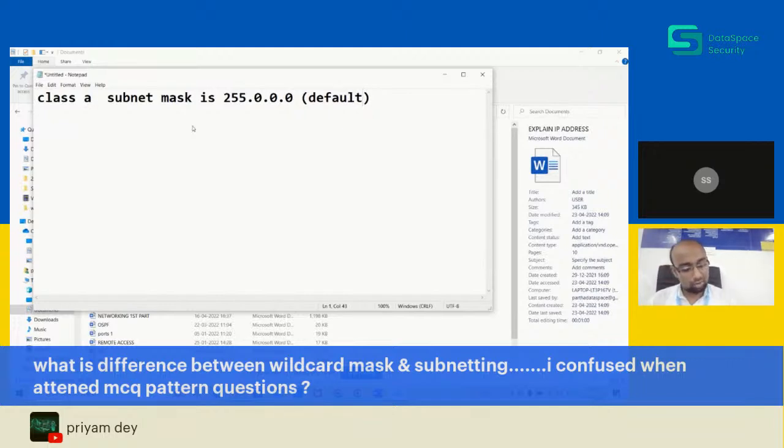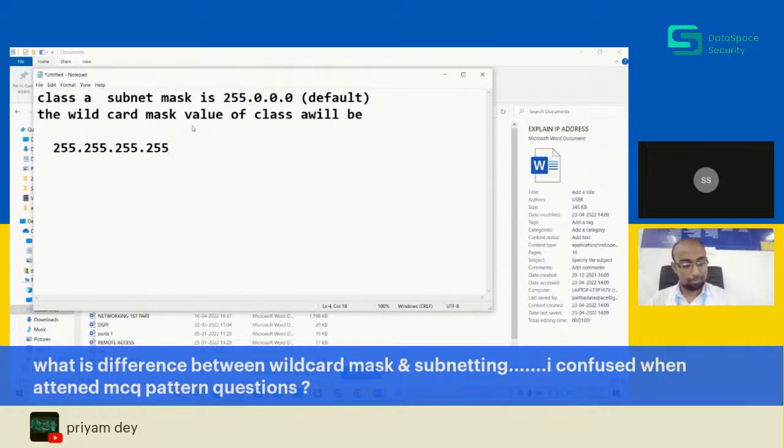Now when we discuss the wildcard mask, the wildcard mask value of Class A is found by subtracting from 255.255.255.255 the subnet mask 255.0.0.0.